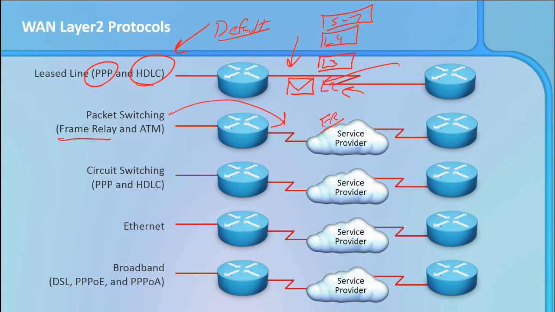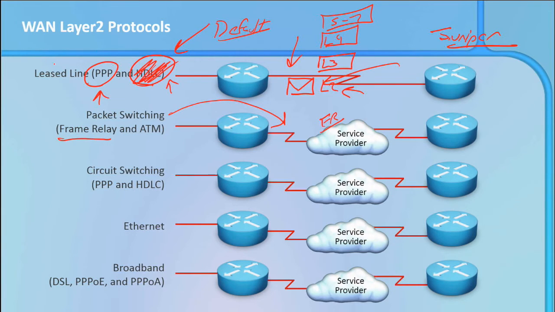If both sides are not Cisco, we could have some problems. Because this is proprietary. Every vendor's implementation of HDLC is proprietary. So HDLC on HDLC is okay if they're both Cisco. If this other side is a Juniper router, what do we do? We have to get off of HDLC, and what most people will switch to is PPP.